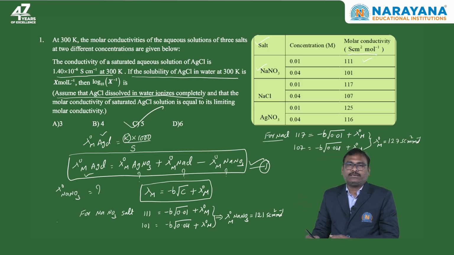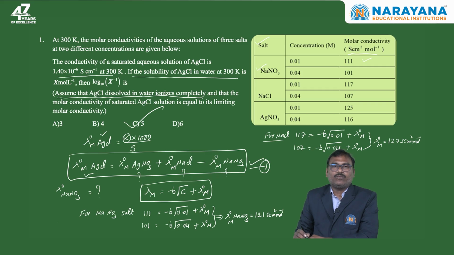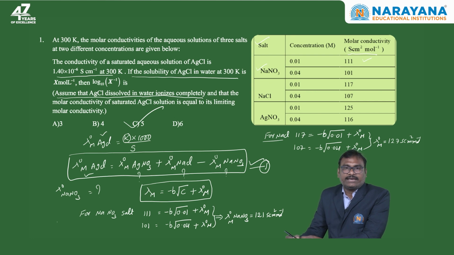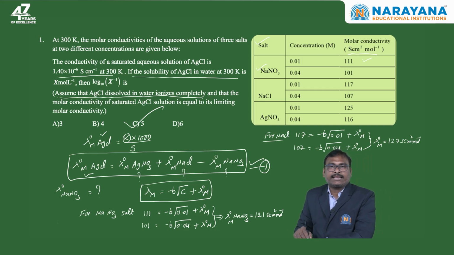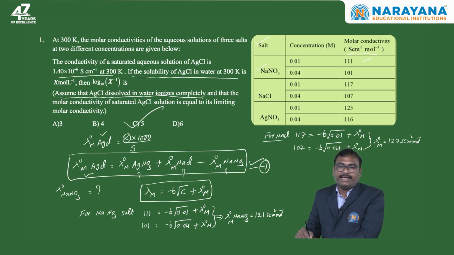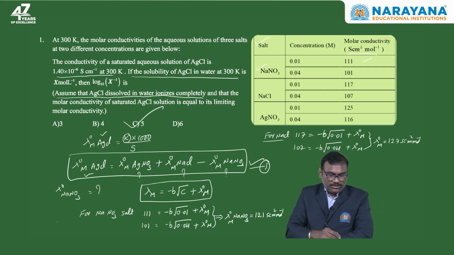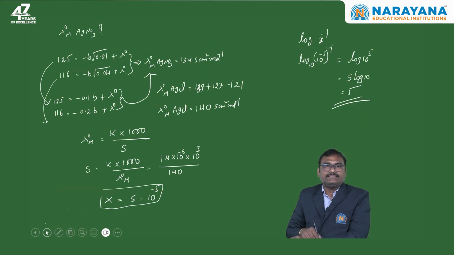In the whole question, there are two applications. One is finding the limiting molar conductivity of weak electrolyte AgCl by using Kohlrausch law application, and number 2, by using the Debye-Huckel-Onsager equation we are calculating individual limiting molar conductances of the given 3 salts at different concentrations, NaNO3, NaCl and AgNO3, and after substituting you are getting the lambda naught m of AgCl.